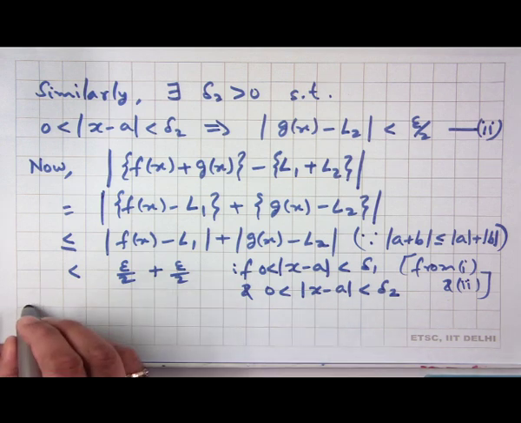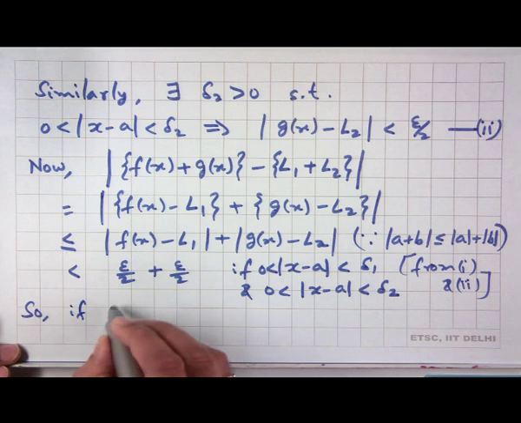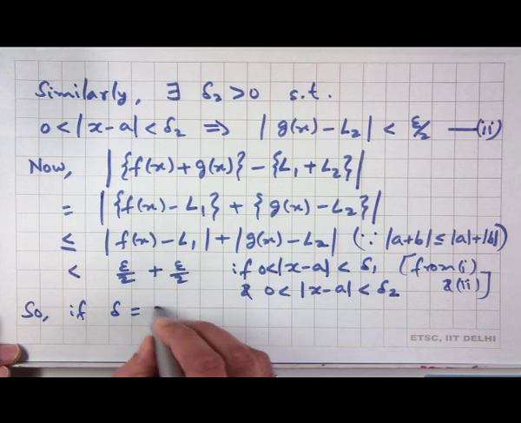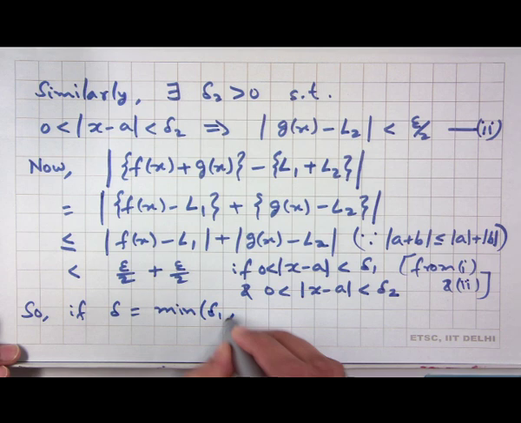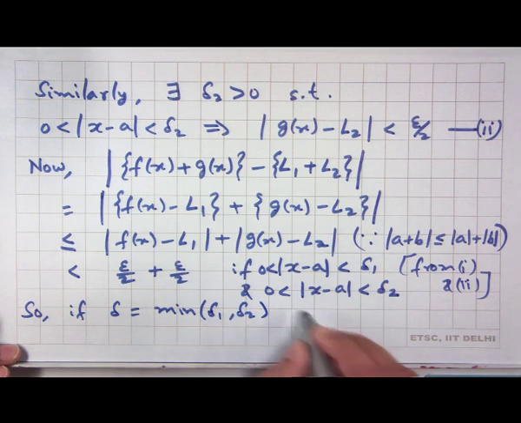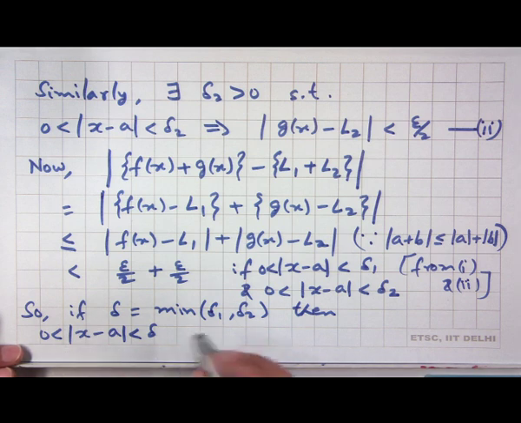So, if I choose delta to be equal to the minimum of delta 1 and delta 2, then if mod x minus a is greater than 0 and less than delta, because delta is the minimum, mod x minus a is less than delta 1 as well as delta 2.